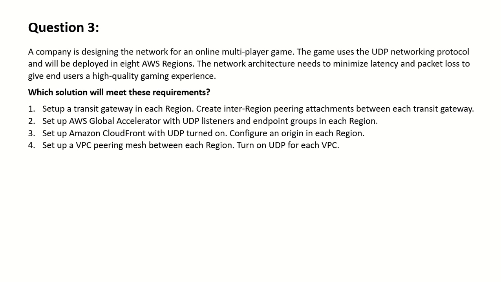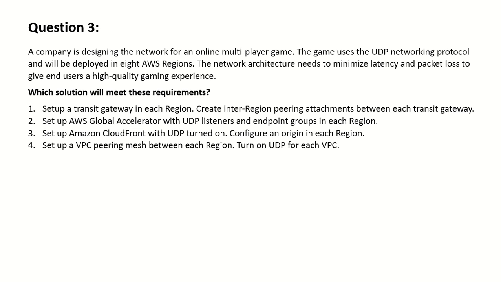So option 1 says, set up a transit gateway in each region, create inter-region peering attachments between each transit gateways. Option 2 says, set up AWS Global Accelerator with UDP listeners and endpoint groups in each region. Option 3, set up Amazon CloudFront with UDP turned on, configure an origin in each region.